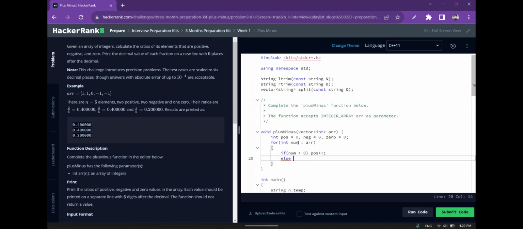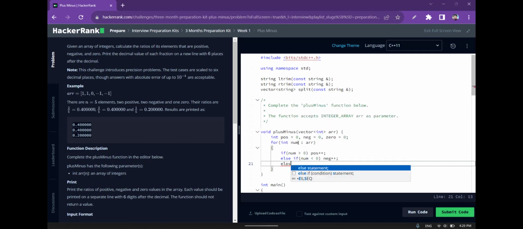Or else, if it is smaller than 0, then it is obviously negative, so we need to increase the negative variable. If it is neither positive nor negative, then it is obviously 0, so we need to increase the zero variable.